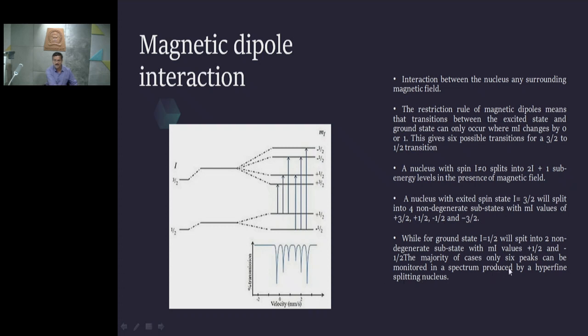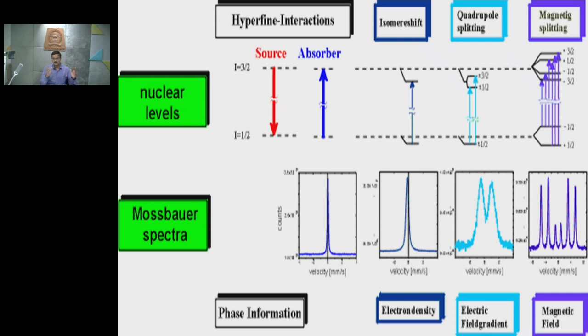This energy level splits and shows such a type of spectrum. In this case we get only 6 peaks, which is the hyperfine splitting interaction, and that happens due to the magnetic dipole interaction. So this is the last picture, which gives an idea about how it works. These are the nuclear energy levels, the hyperfine interaction, source and absorbers.